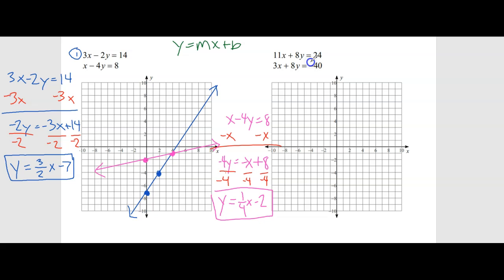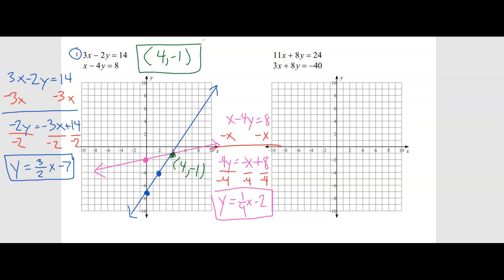And our intersection point ends up being at this point 4, negative 1. So our solution, the point that works for both of these equations, is 4, negative 1.